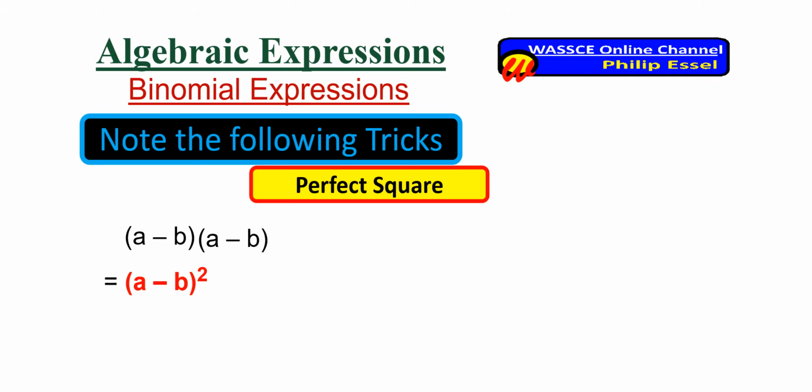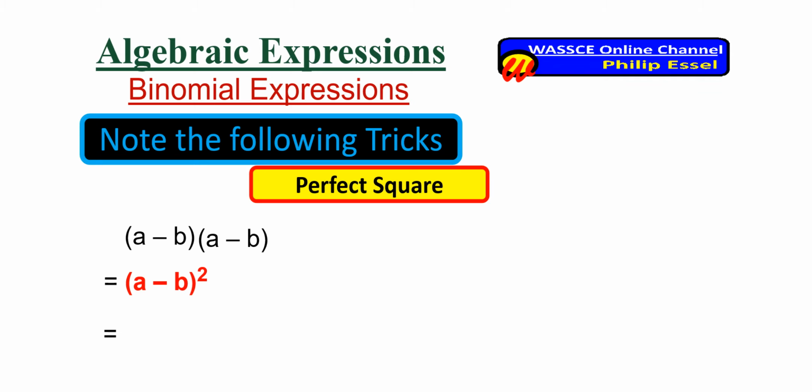Now, when a binomial expression is given to you, and that binomial expression is a perfect square, in this case we have the binomial expression a minus b all into bracket square, and you are asked to expand it or solve it, you are going to use this trick.